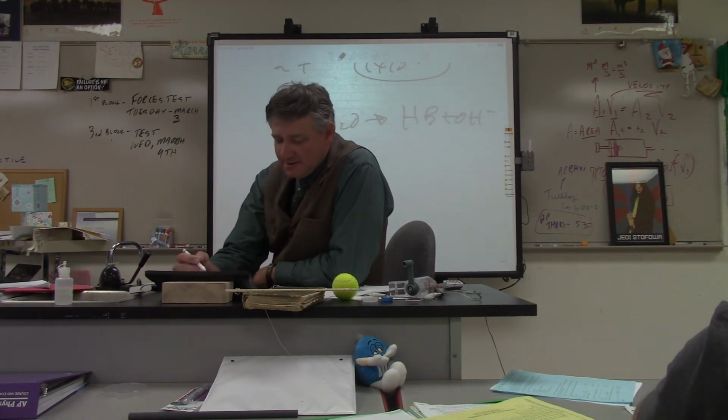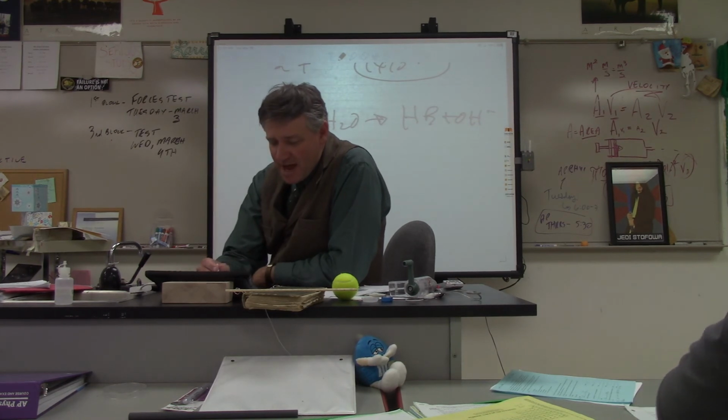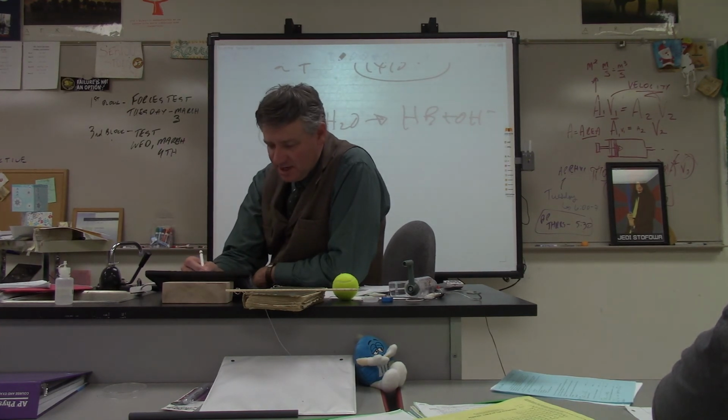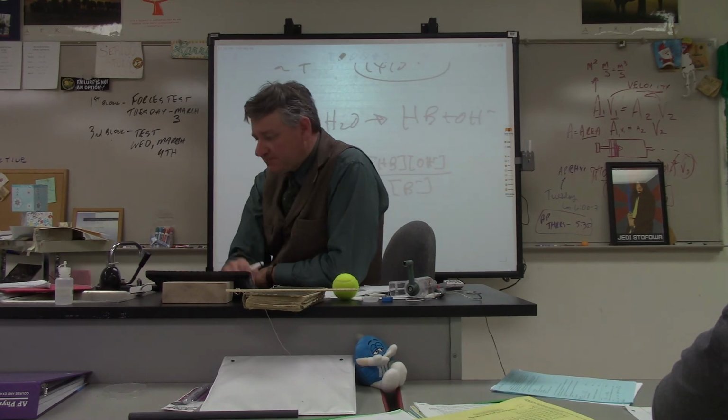Do I have to give you the Kb value of that base? I could give you the Ka of the acid, and then you divide to find the Kb. In this situation, your Kb is the concentration of HB times OH minus over the base, because it's always products over reactants. So here's the kicker on this problem.